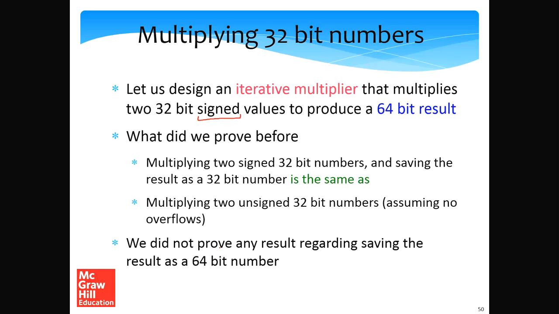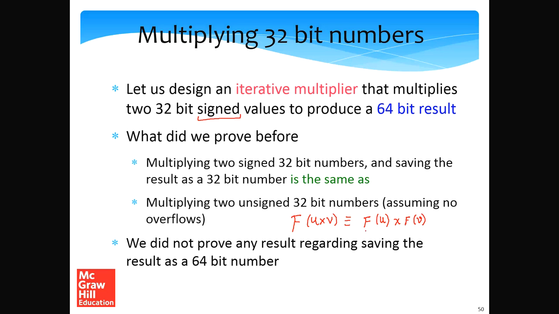What we have essentially proven in chapter 2, so if you can go back to chapter 2, is this result: if there are no overflows, then we can very well see, and let's say we want to multiply two signed 32-bit numbers, which can be positive or negative.